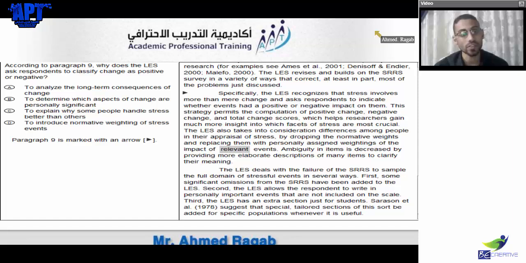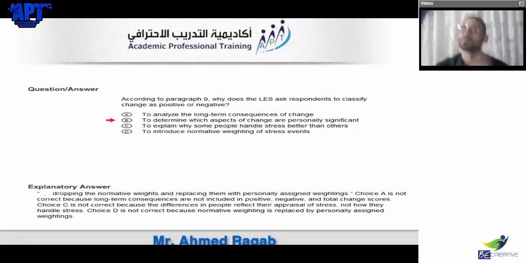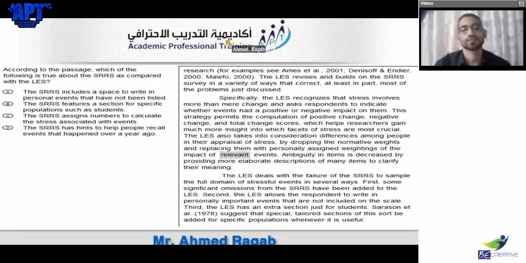Okay, so to analyze the long-term consequences of change, to determine which aspect of change has personal significance, to explain why some people handle stress better than others, to introduce normative weight of stress. So let's continue the sentence to understand more. And total score, which helps researchers gain much more insight into which facets of stress are most crucial. So determine which, yes, are more important, significant. Very nice. Let's go next.